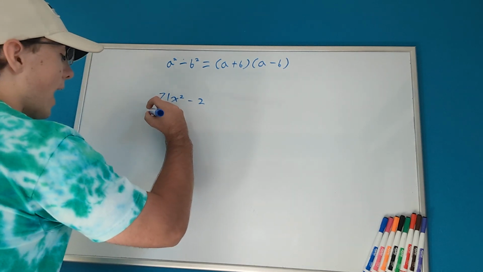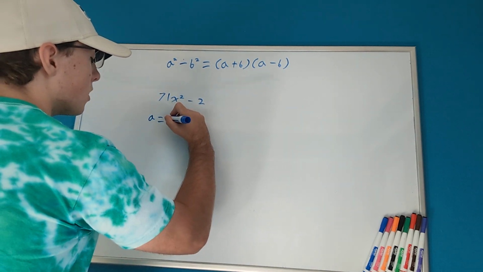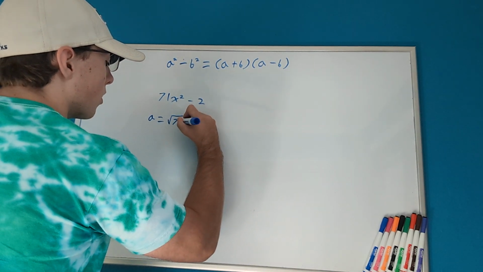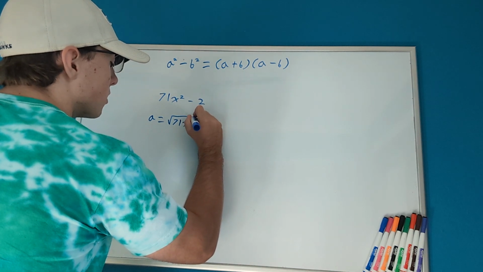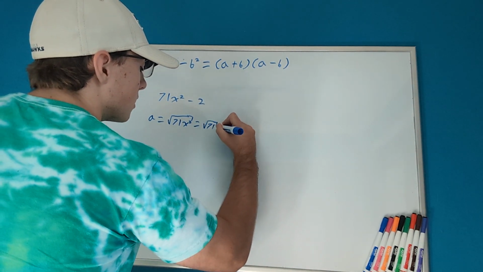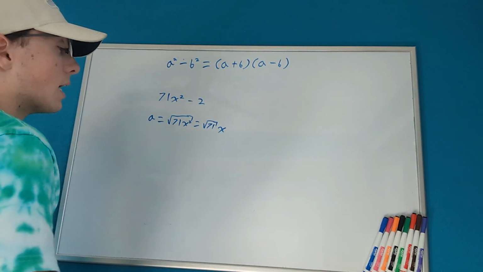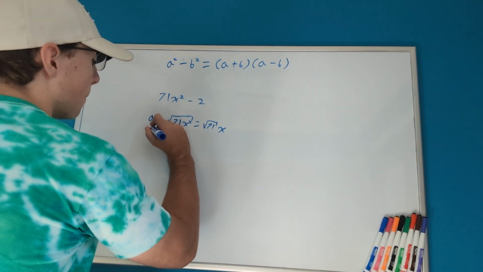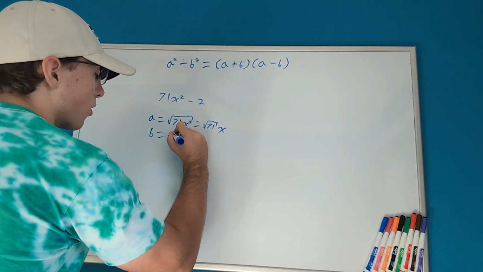We can just say a equals the square root of 71 times x squared, which will also just equal the square root of 71 times x, right? Then we can also just say b equals the square root of 2.